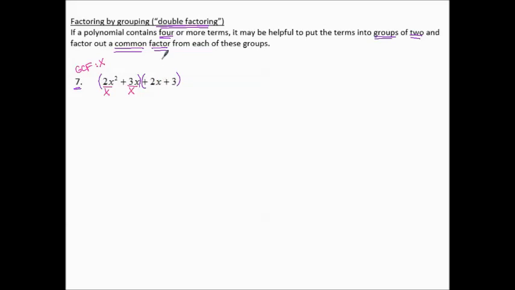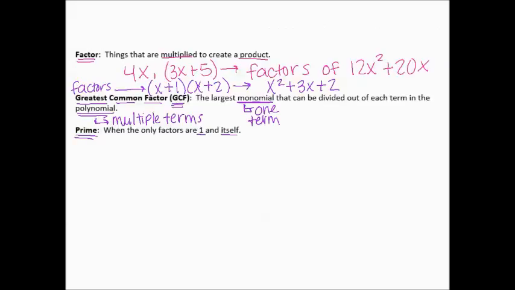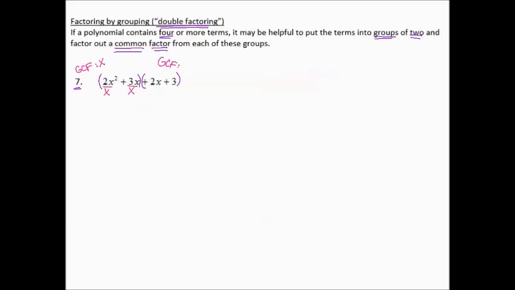Then I'm going to look at the GCF of my other parentheses. I can't divide by anything other than 1. This will actually turn out to be prime; the factors are 1 and itself. This one has an x, but I don't have an x here, and again, I can't divide 2 and 3 by the same thing, so my GCF there is just 1. So I'm going to put a plus 1, a positive 1.